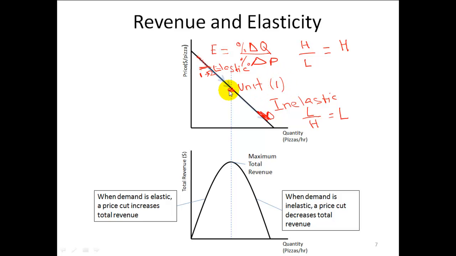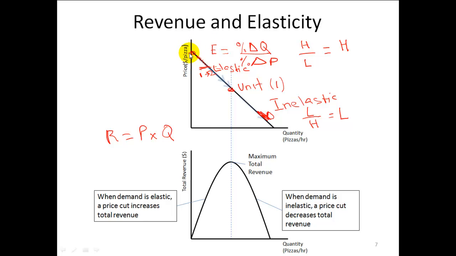Now let's tie this demand curve to the revenue of a firm. What is the revenue when we are at this point? As I'm sure you know, your revenue is equal to price times quantity. So when you are at the top left of the demand curve, the price is high but the quantity demanded is 0.